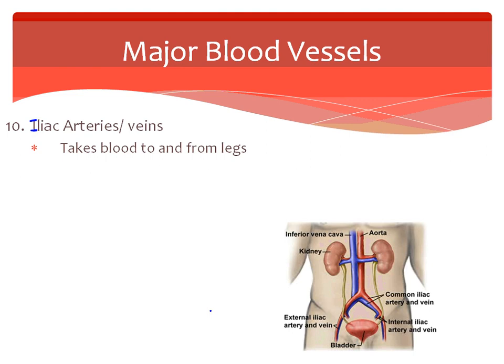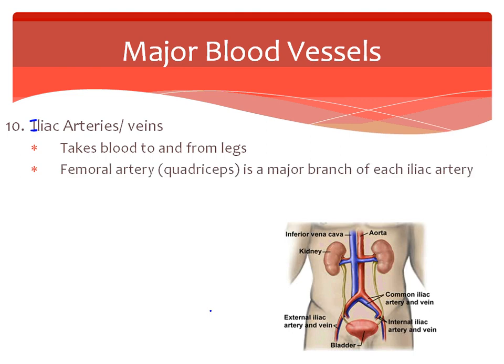So your iliac arteries would be ones that run right along your femur, right? Nice and deep and protected in there because they're big blood vessels as well. Iliac veins would carry blood from your legs back up to your heart. So there you go. There's a little femoral artery too, which branches off from the iliac artery.